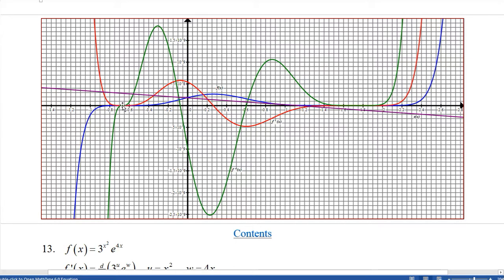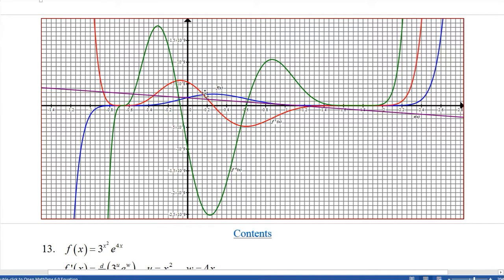Then right here at negative 2/3, the original function hits the x-axis. It's also an inflection point there, so it continues to increase, but it's now concave up. So now the derivative was also 0 there, right at negative 2/3, but then becomes positive after that.